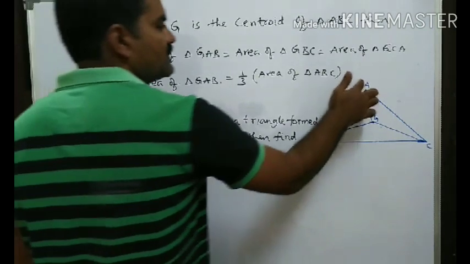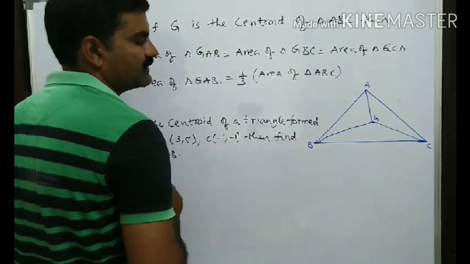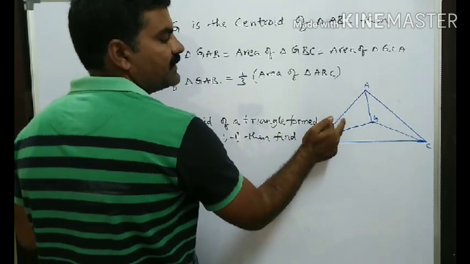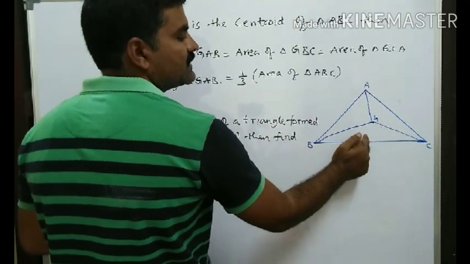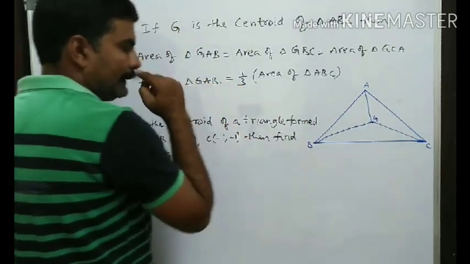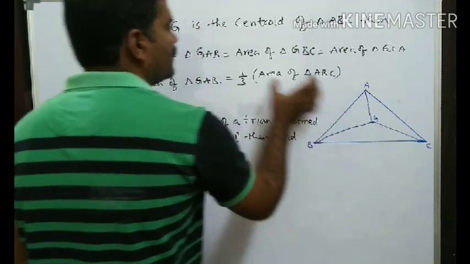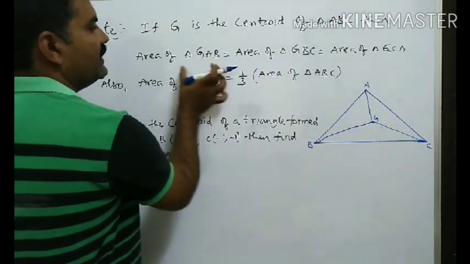Now if you join GA, GB and GC, finally there exist three triangles. One is the triangle GAB, another one is triangle GBC, and the third one is triangle GAC. And you know, these three triangles are equal in area. So that is why this point is very, very important.